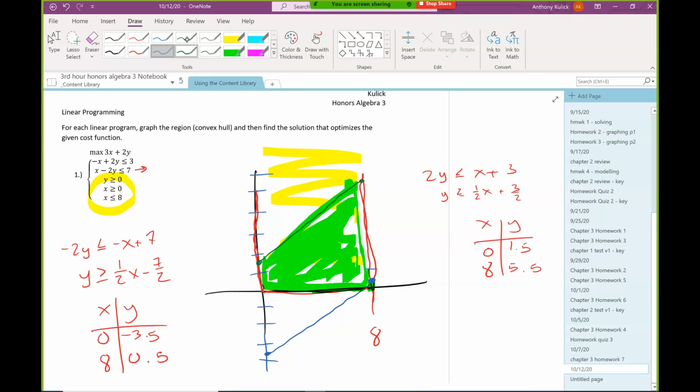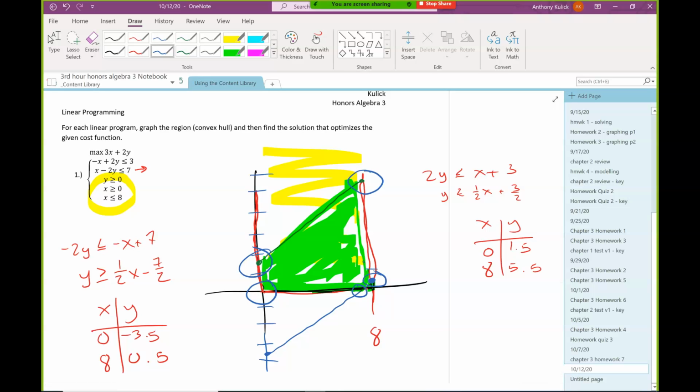So our solution set is going to come from one of the vertices of our convex hull. Where are the vertices on this convex hull? There's one here, one here, one here, one here, and one there. Everybody's okay with that?